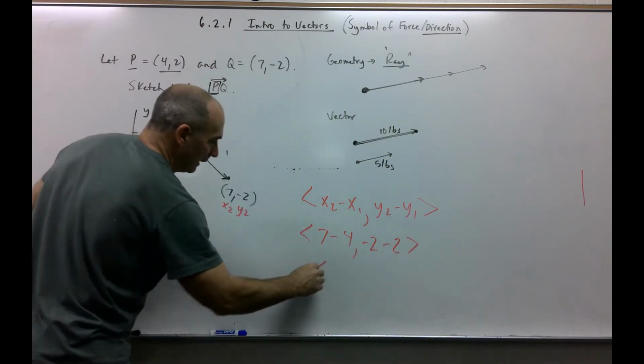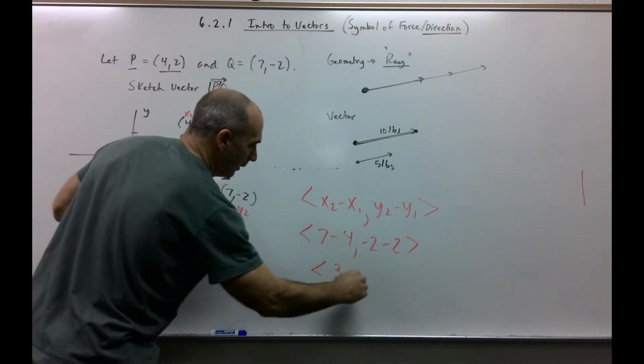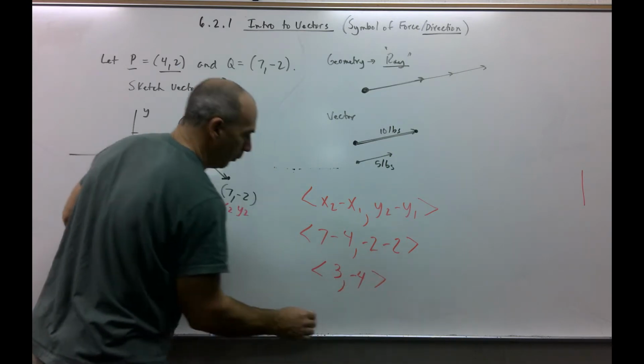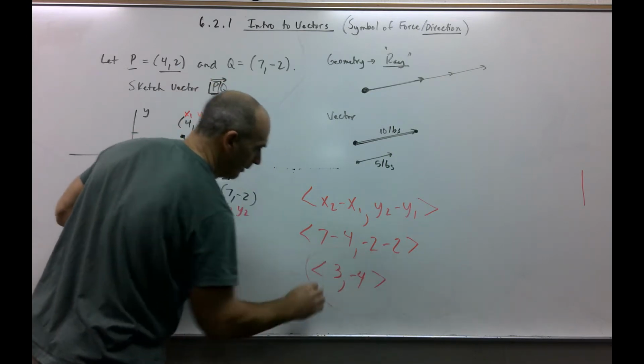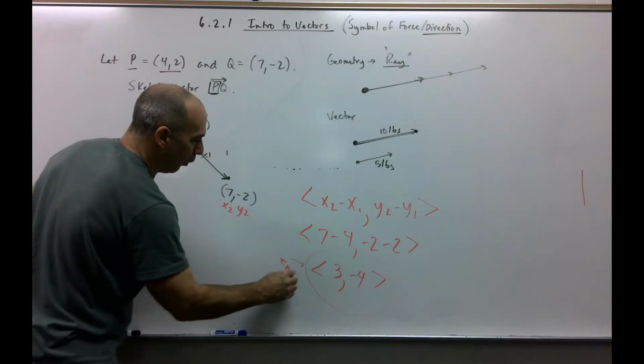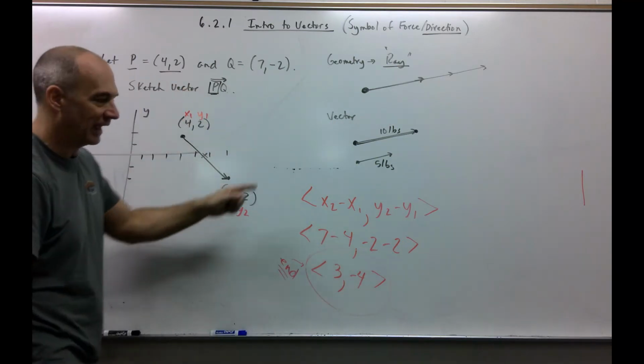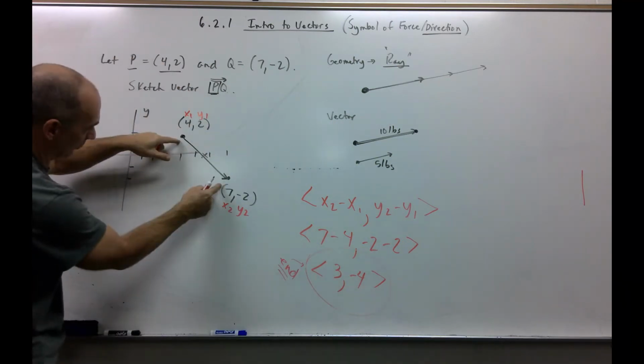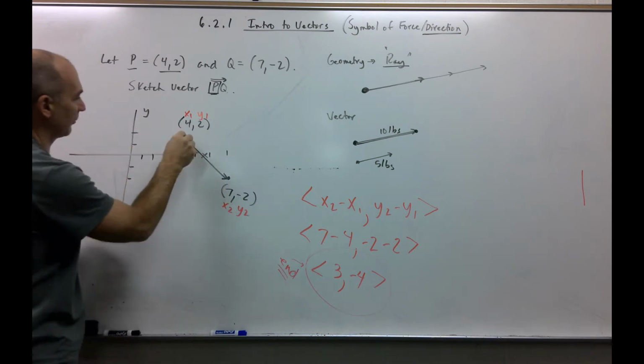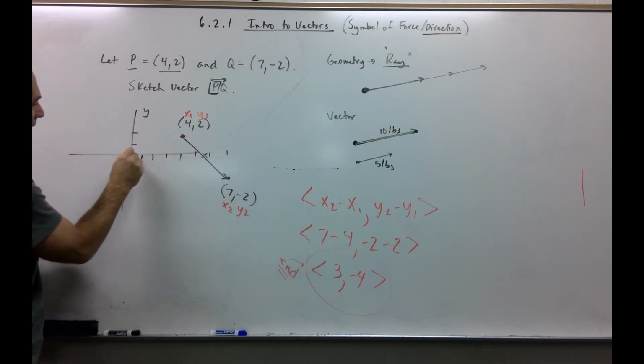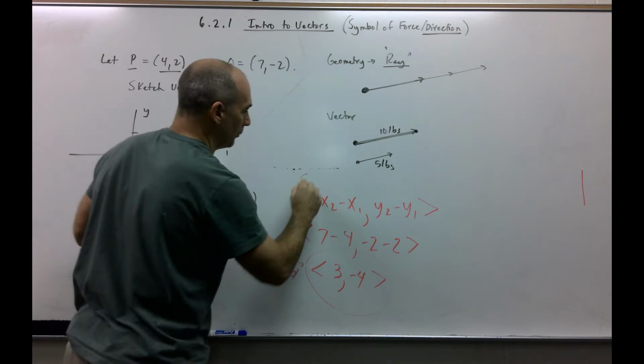So if I clean that up, that'd be (3, negative 4). Now, what is this? That is the end point of this vector, if this beginning point is translated to the origin.